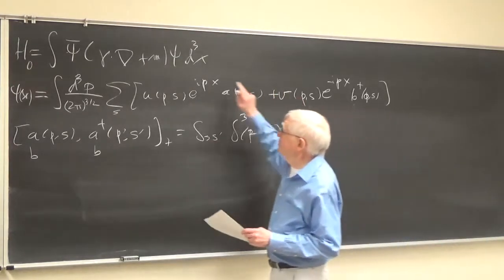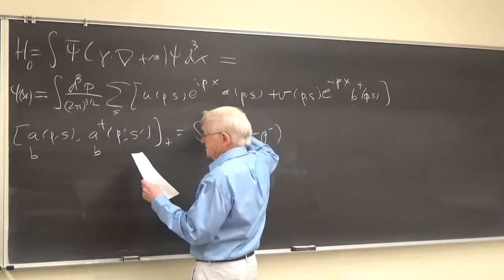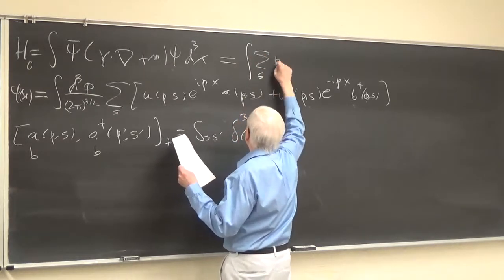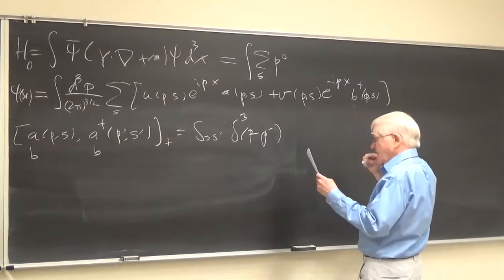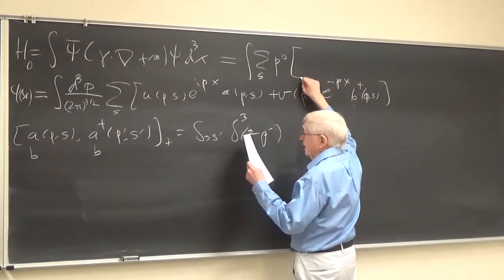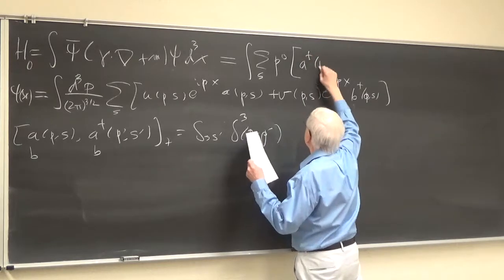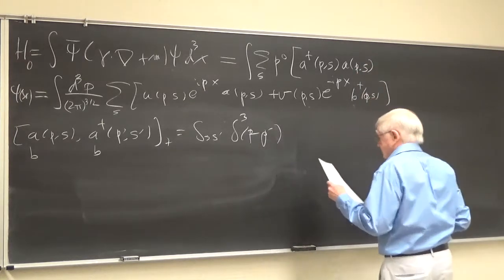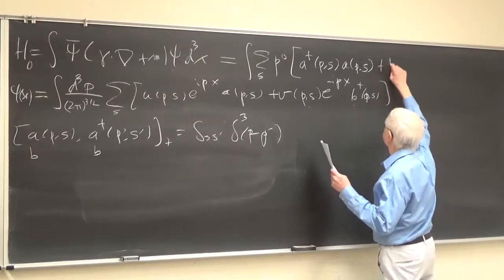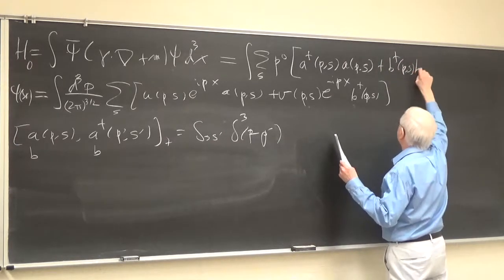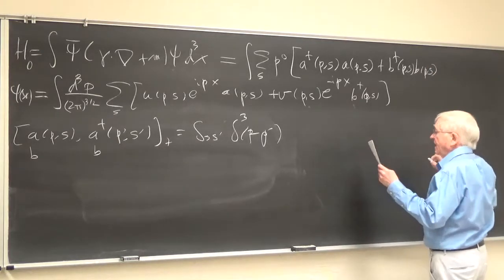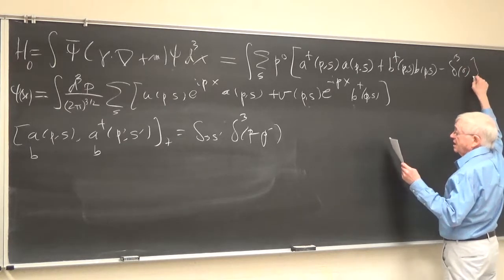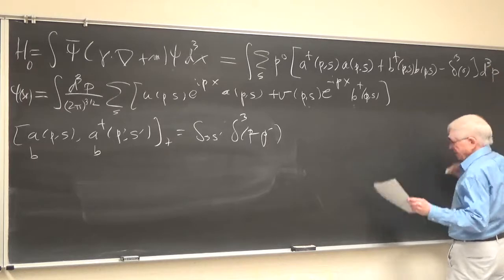You then take this thing and put it in there, and you find that this is actually an integral, a sum over spins, p0 of a dagger of p and s, a of p and s, plus b dagger of p and s, b of p and s, and then minus delta cubed of 0, d cubed p.